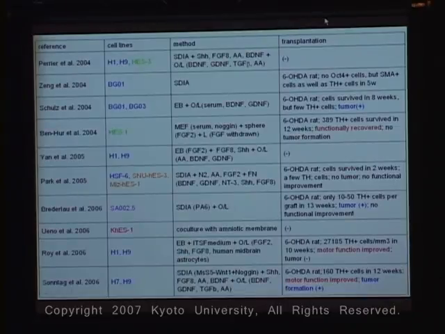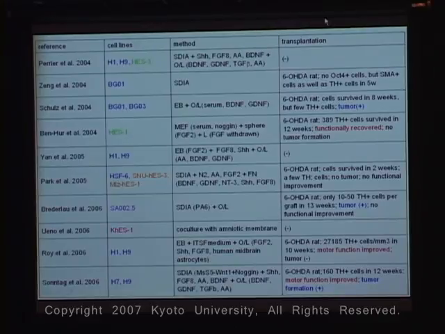The last part is the human ES cells. At the end of last year, I could find 10 papers regarding the induction of dopamine neurons from human ES cells. These papers say that we can induce dopaminergic neurons from different cell lines from different countries.